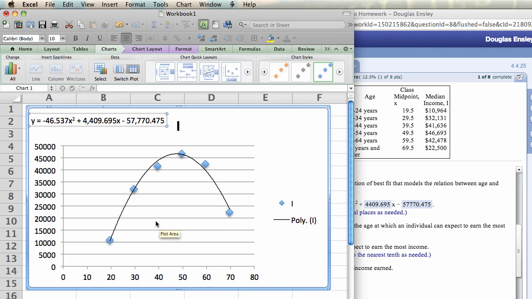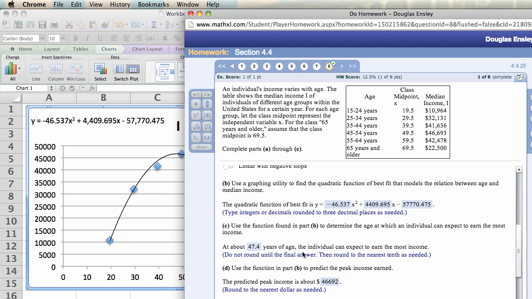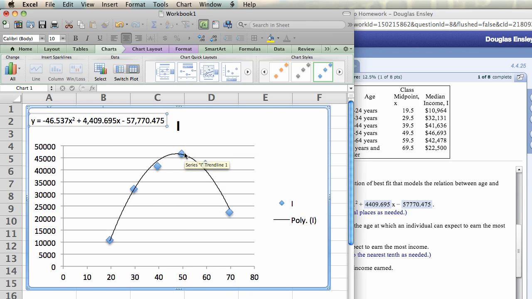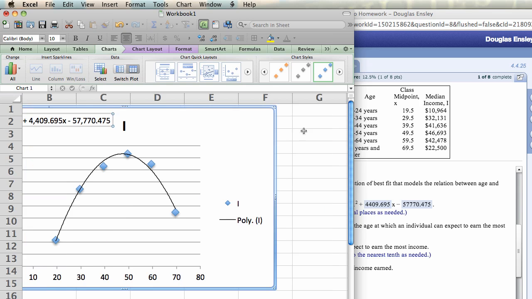Back in terms of our graph, the age where my income is maximized is the x-coordinate of this parabola. The income level for that age is the y-coordinate of this parabola. So this question in the homework is really just asking for the x and y coordinates of the vertex of this parabola.